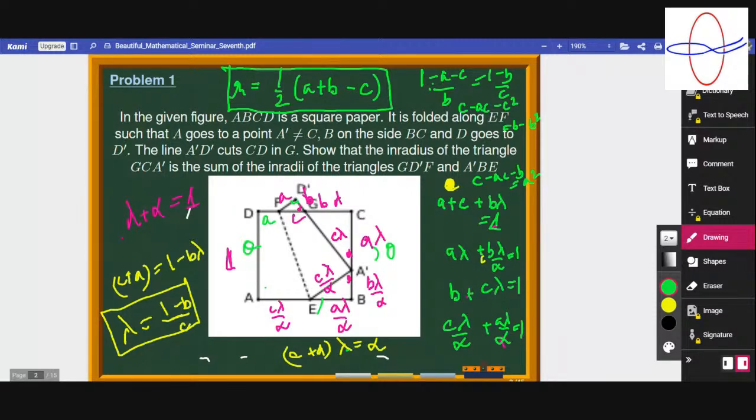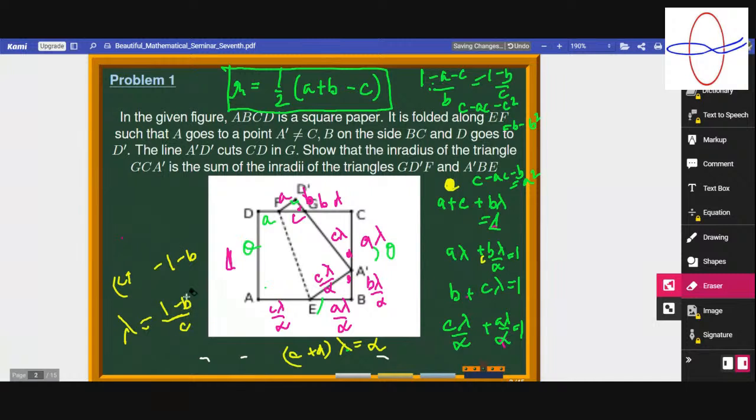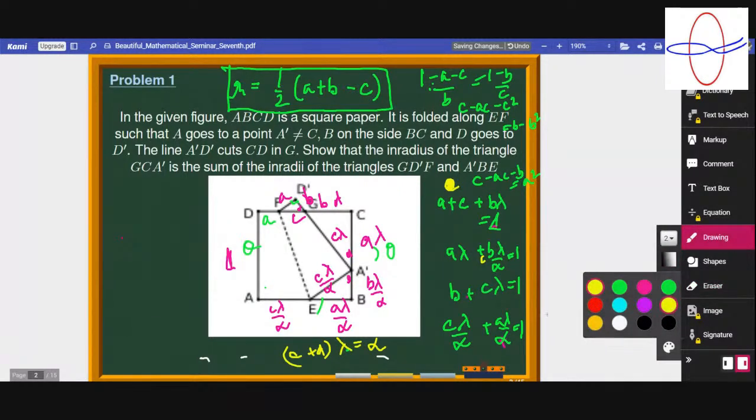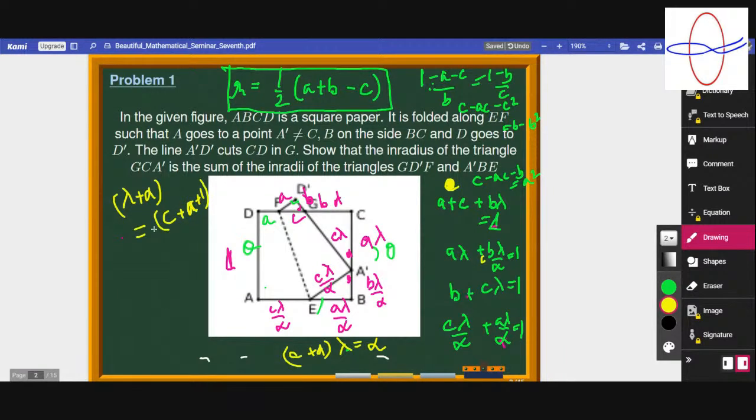Okay, so let's observe this. If you take the last equation, this one, you get that alpha plus lambda equals C plus A plus 1 into lambda.